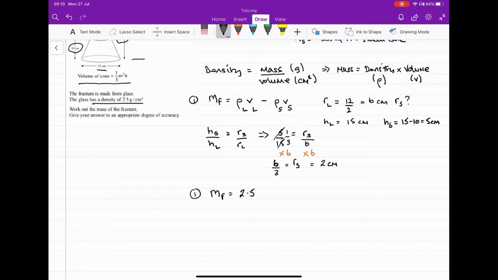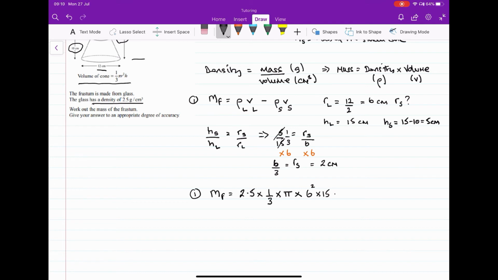And as long as we keep everything in grams and everything in centimeters, then that's going to be consistent, multiplied by the volume, and the volume is 1/3 times pi times the radius of the large cone. The radius of the large cone is 6, and that's squared, times the height of the large cone, which is 15.